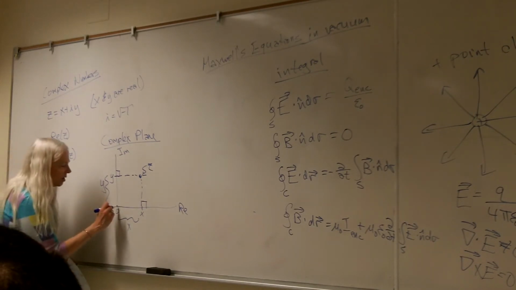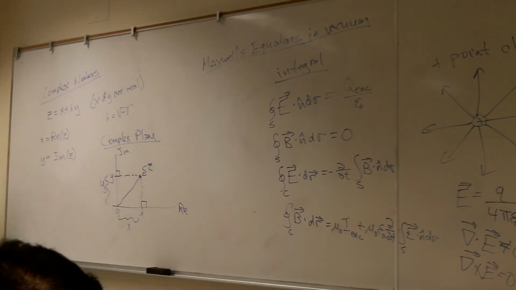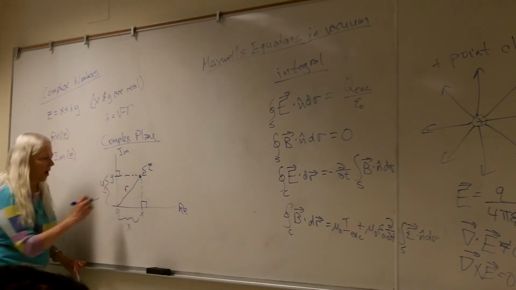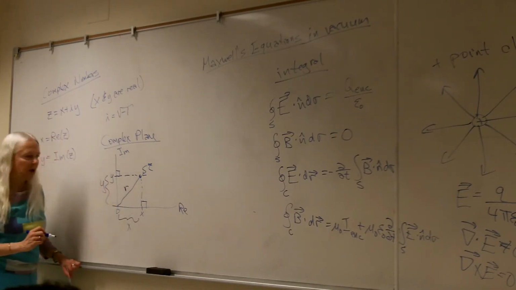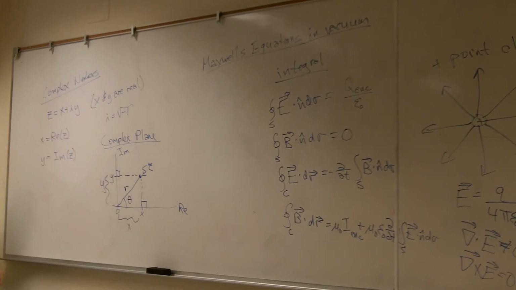Okay, well, another thing we often do on the complex plane is draw a line from the origin to the dot that represents our point z. Let's say that we define the length of that line to be r, and we say that it makes an angle theta with the positive real axis.